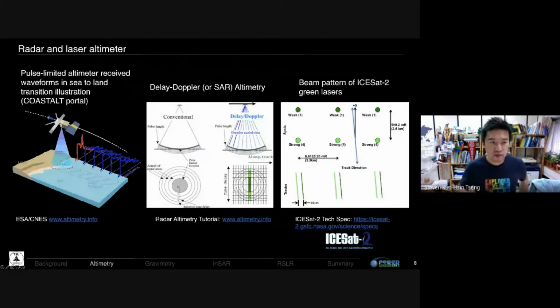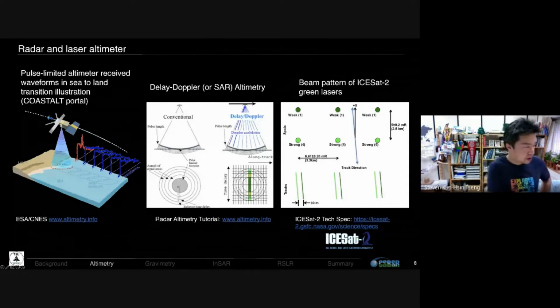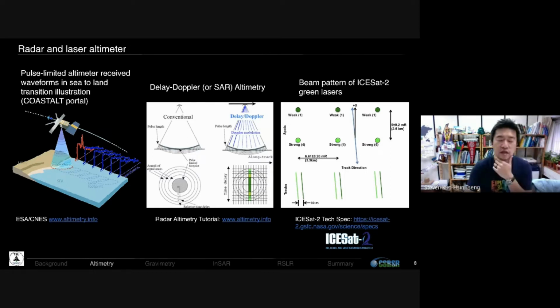So this is basically a schematic to show how we monitor the sea surface. In the middle upper panel, this is called the conventional altimetry. The conventional altimetry sends out a radar signal, it hits the sea surface, and then the radar returns. You can see in the panel below there are different circular patterns.